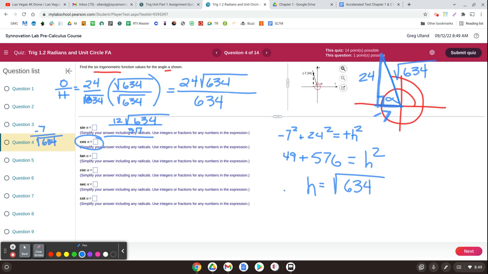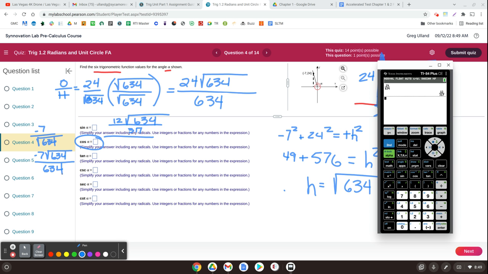So this one, we're going to multiply again by radical 634 over radical 634. And I don't think that 7 over 634 simplifies. It does not, so that's going to be our answer.